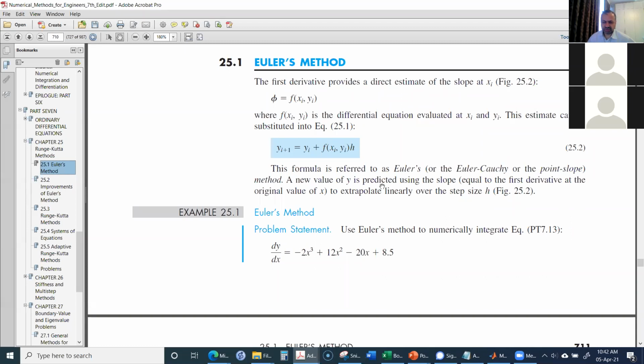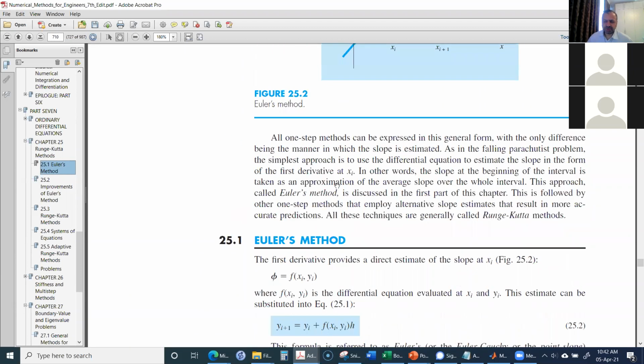A value of y is predicted using the slope equal to the first derivative at the original value of x to extrapolate linearly over the step size of h. So this is, in words, how we can represent the Euler's method.